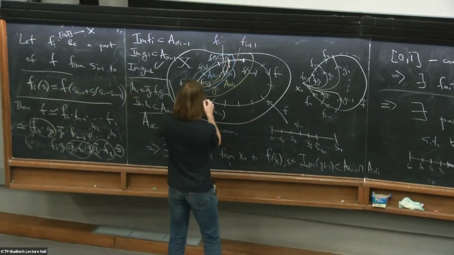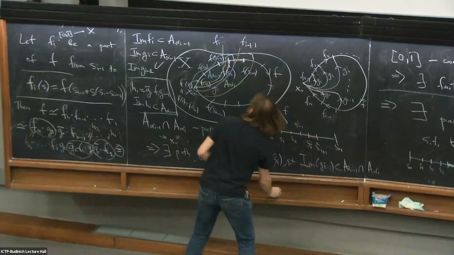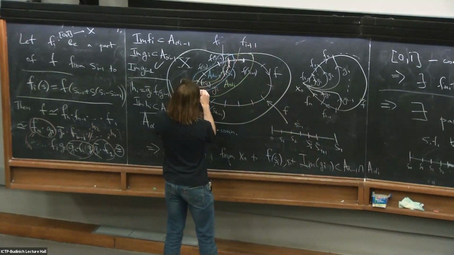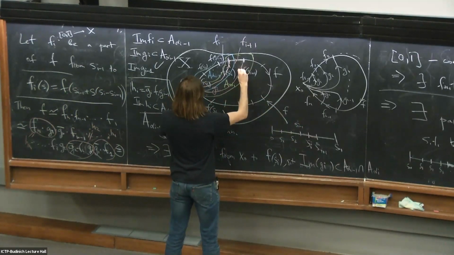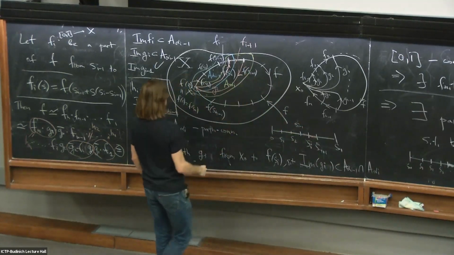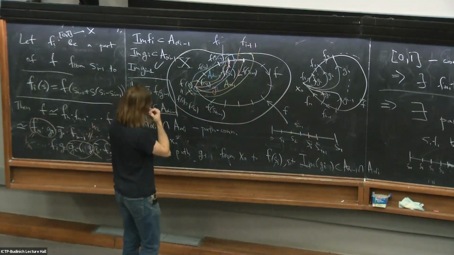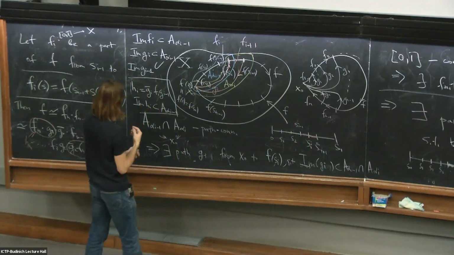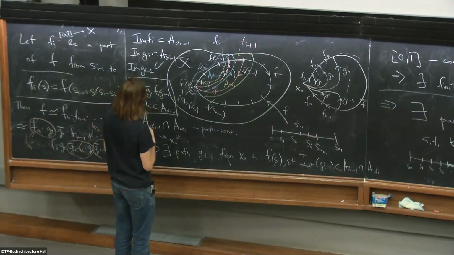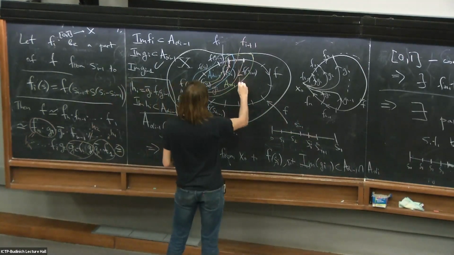If you want, this Hi looks like this, right? It's a loop like this in red here. This is Hi plus 1.